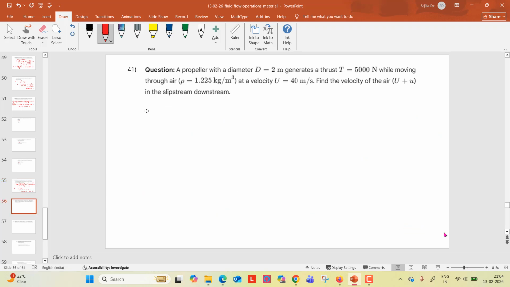Next, a propeller with a diameter generates a thrust of this while moving through air at a velocity this. Find the velocity of the air in the slipstream downstream. So we can calculate the mass.